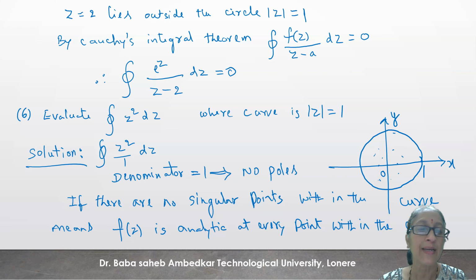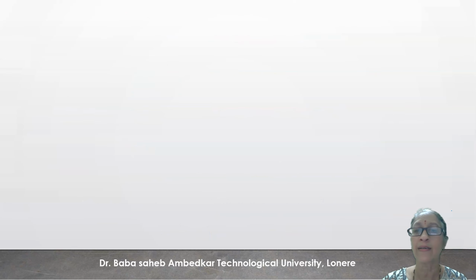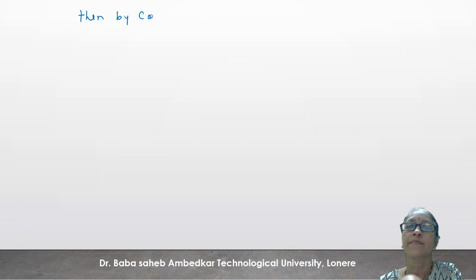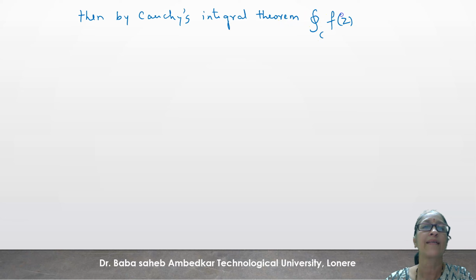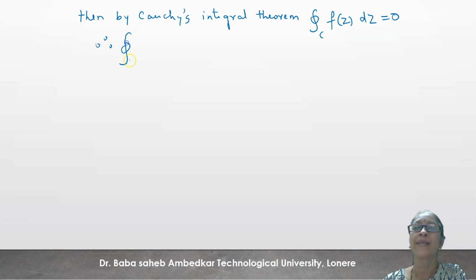If f(z) is analytic at every point within the curve, then by Cauchy's integral theorem, the integral of f(z) dz is 0. It may be f(z) or maybe f(z) by z minus a. So here this is 0. Therefore, the value of our given integral z square dz is 0.